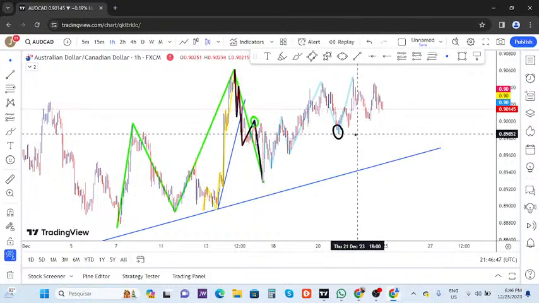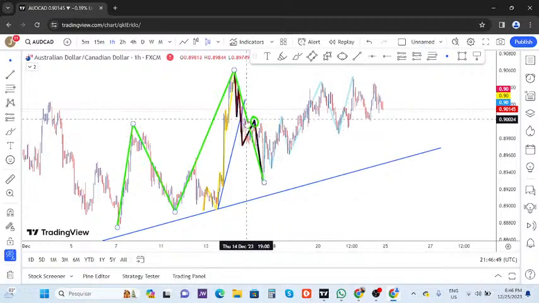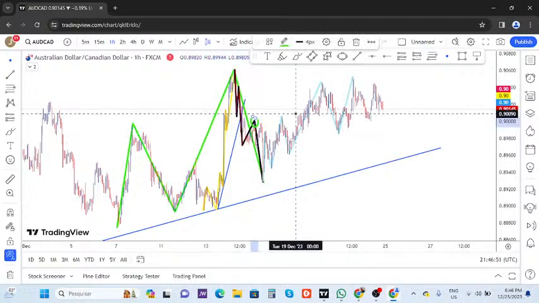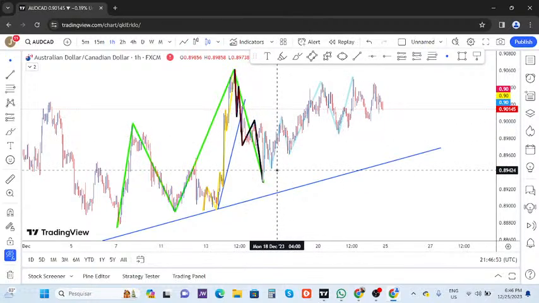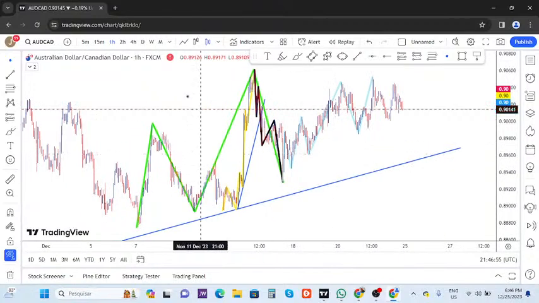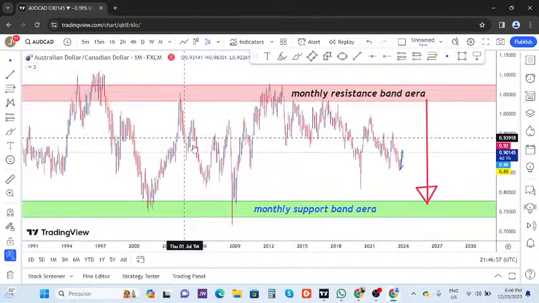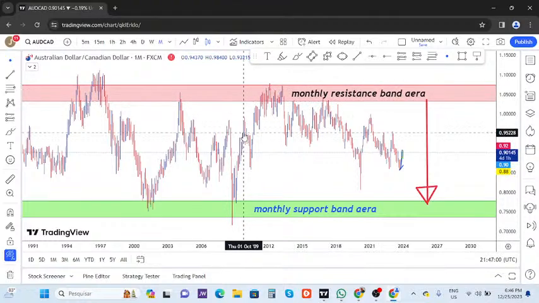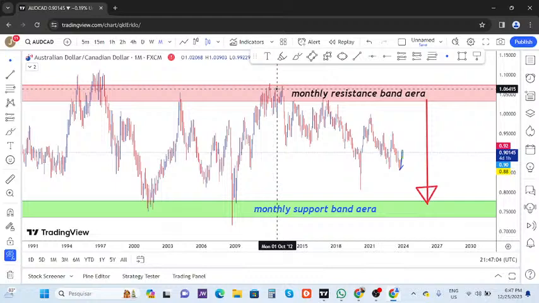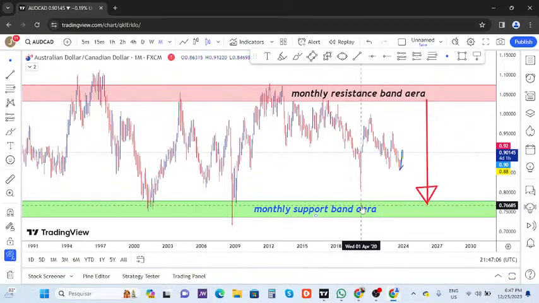All of this stuff is what I'm going to teach you guys right here on YouTube, forex traders and forex beginner analysts around the world, all right. But first of all, all of us need to learn that the first thing we need to do is build the monthly resistance and support band area, okay.